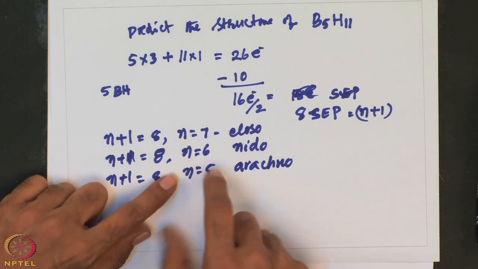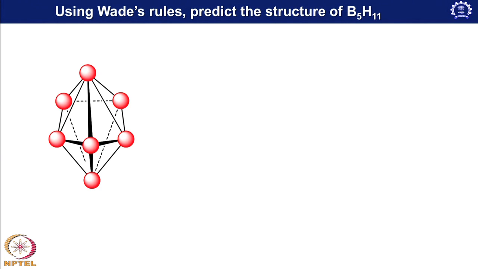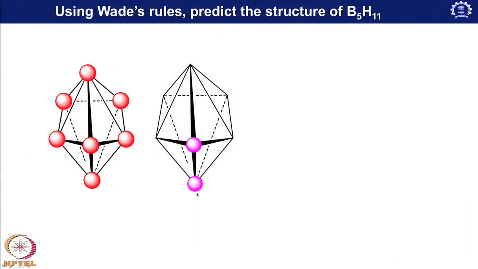And from this one we have to take out 2 vertices, and this is the closo structure. This would have been ideal if we had 7 boron atoms. We do not have 7 boron atoms, we have now 5 boron atoms. So, we have to choose which ones have to be taken. These 2 have to be taken out, first one from the capping position, and next one from the plane. So, this has to be taken out.